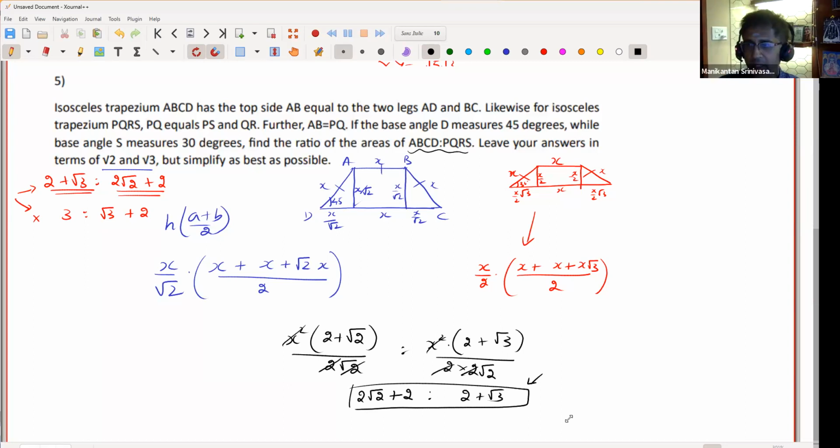Okay. All right. So bottom line, when there's 30, 60, 90 or 45, 45, 90, there's no need to use trigonometry. You can use trigonometry, it'll still give the same answer, but try to keep things as simple as possible, right? So remember these ratios again, 1 is to root 3 is to 2 for 30, 60, 90, and 1 is to 1 is to root 2 for 45, 45, 90.